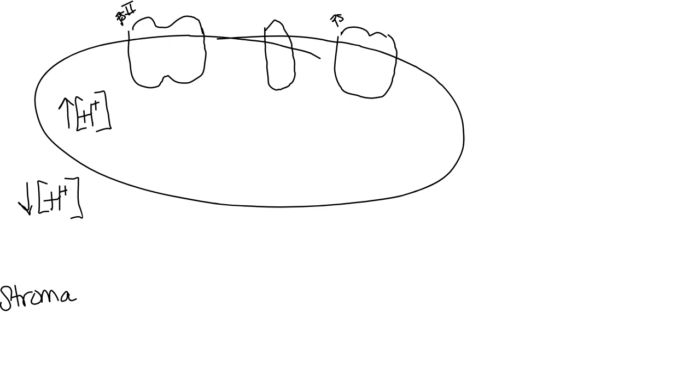This is PS1. And then this is the cytochrome complex. Now, there's two little accessory proteins that you don't need to know, but they're here and here, and they kind of help guide that electron transport chain.